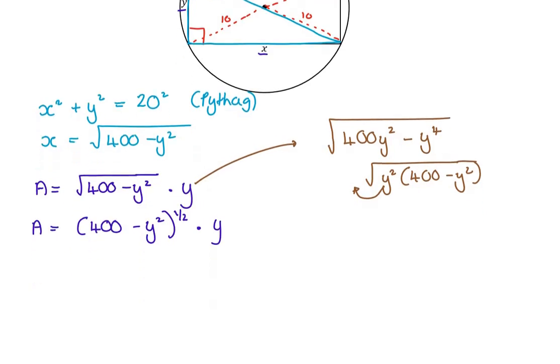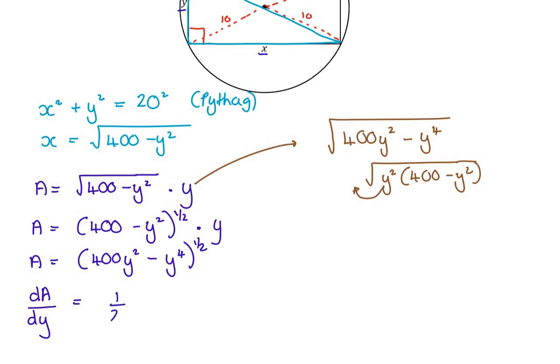So if we decided to do that as opposed to the product rule, we would then have that it's 400 y squared minus y to the power of 4, all to the power of a half. So what's the derivative of the area with respect to, in this case, y? So this is the chain rule.